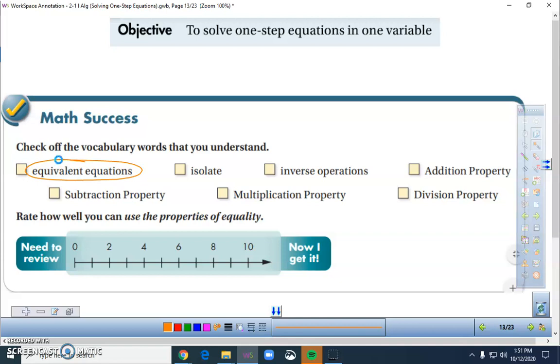Okay, and that's going with these inverse operations, which you can do with addition, division, multiplication, and subtraction. And then isolate. What does it mean to isolate? That means get it by itself. So when I isolate a variable, I want it to just be one of that variable, like 1x equals.